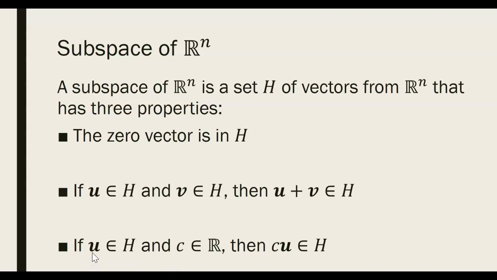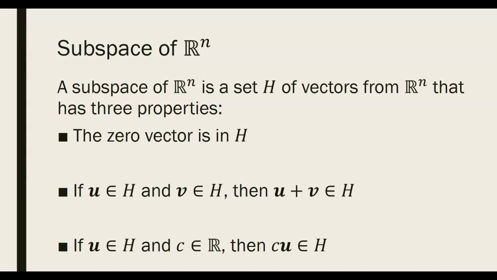And then lastly, if I have a vector in my set and a scalar number, then the vector I get by taking a scalar times the original vector must also be in the set. So if I have a single vector, every scalar multiple of it must be in the set. And if I have 2 vectors, each sum of those 2 vectors has to be in the set.